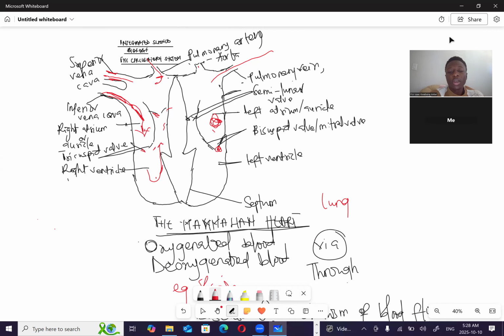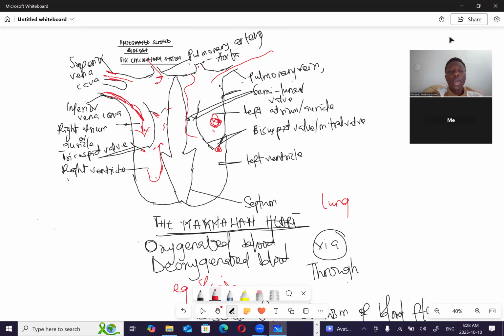When the left ventricle eventually fills up, the semilunar valve opens to allow the blood to flow to the aorta, and from the aorta it is pumped to all parts of the body. So all systems or organs receive the blood with oxygen again.